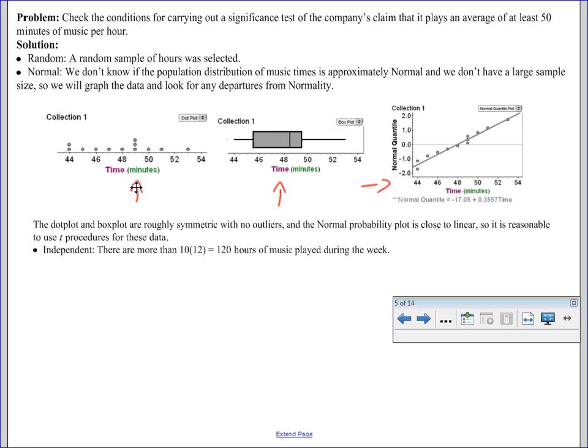The normal probability plot is more or less linear. The dot plot is not quite symmetric, but it's not wildly skewed either. We randomly selected the hours. There are more than 100 hours of music played during the week.